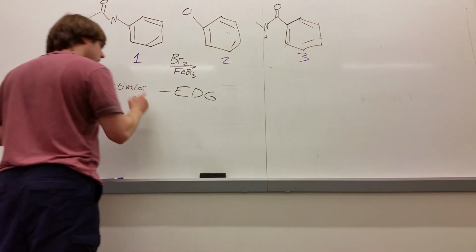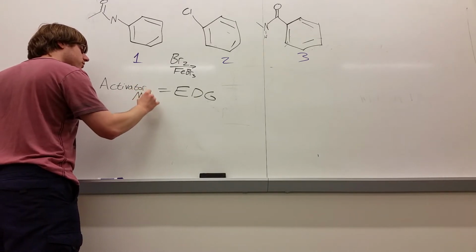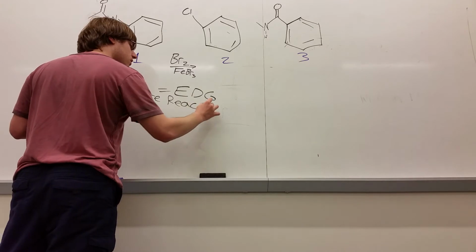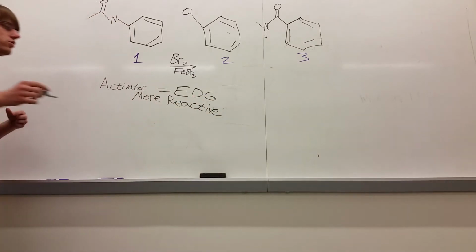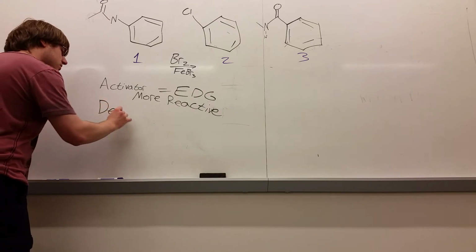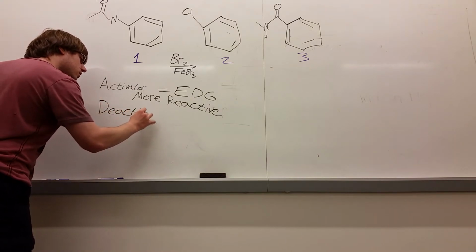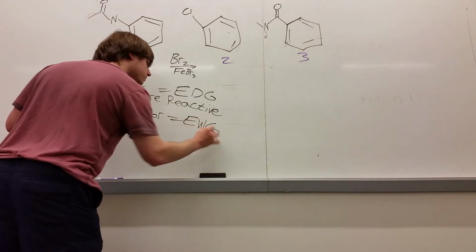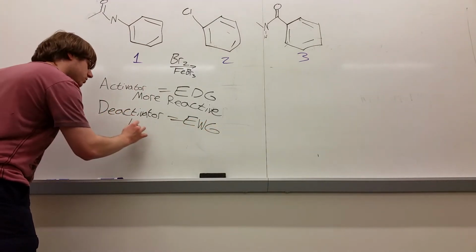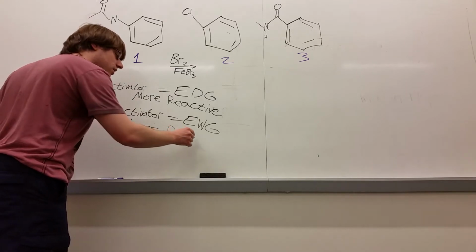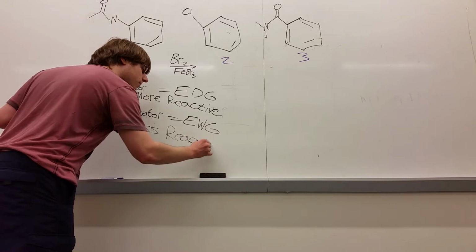And as the name implies, it makes the ring more reactive. The stronger the activator, the more reactive the ring will be. Deactivators are the opposite. Deactivators are synonymous with electron withdrawing groups and make the ring less reactive. The stronger the deactivator, the less reactive the ring.